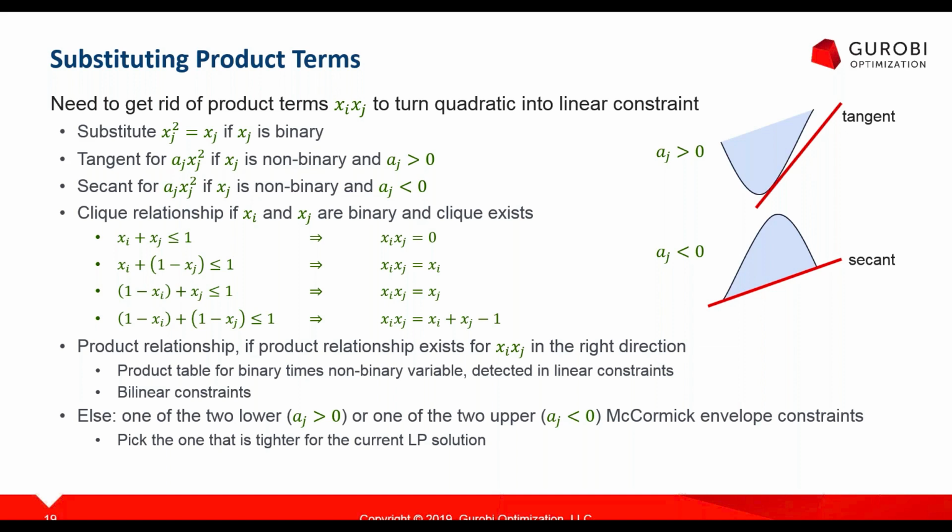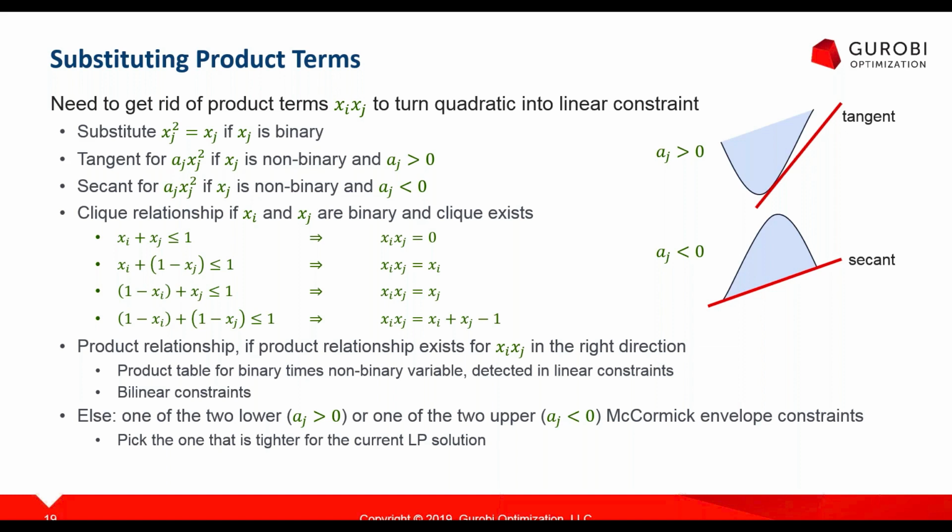Now let's assume the xj is non-binary and we have a square term. Now it depends on the sign of the coefficient, aj, in this constraint. If this coefficient is non-negative, then we are in the good case, because then this term is convex, and we can just linearize it by adding a tangent to this quadratic term.